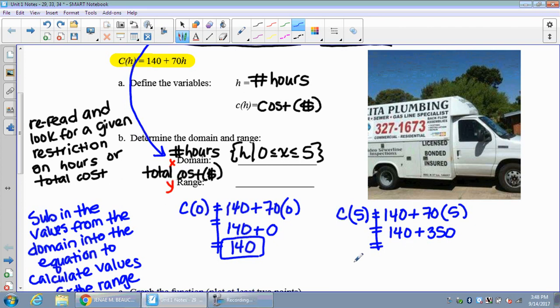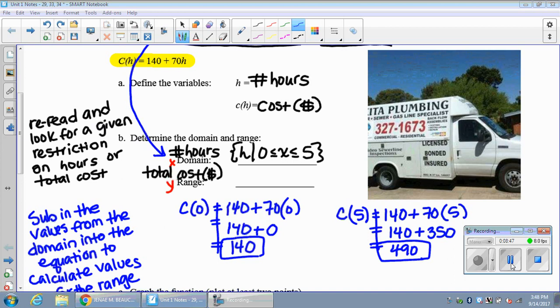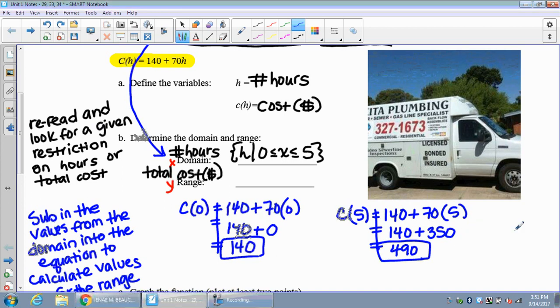And I do 140 plus 350 and I get 490. These are the values that I need to write my range. So it's going to be C of H is between 140 and 490.